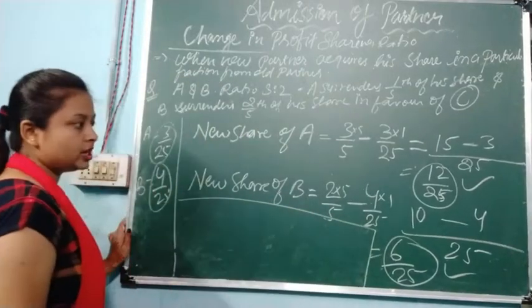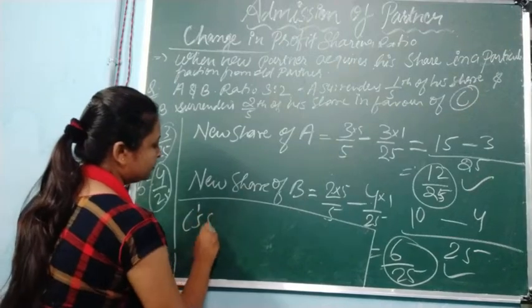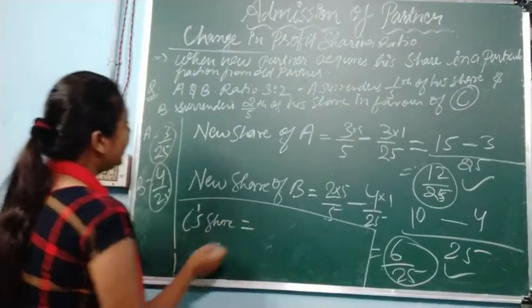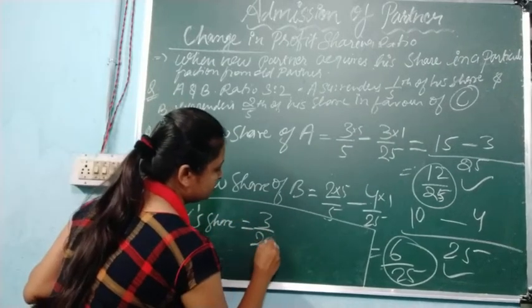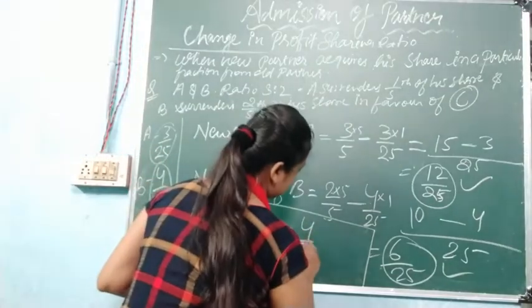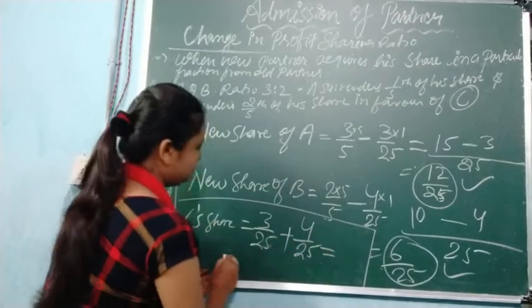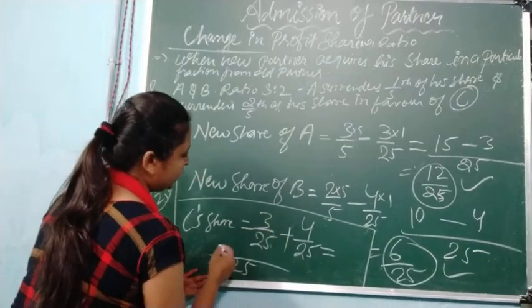Now C's share. What will be C's share? How much did A give? 3/25, plus how much did B give? 4/25. Take the LCM, 25 will come. 4 and 3 make 7.